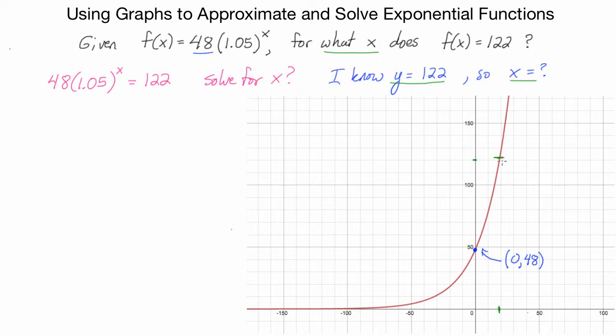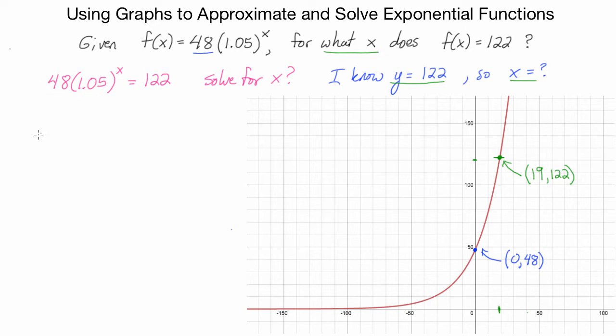So for this point right here, to get a y value of 122, which we just approximated from the graph, I would approximate an x value of about 19. That's a reasonable expectation just by eyeballing it from a hand graph. I think in reality the value is closer to 19.1 or 19.2, but again, we're really close. We know it's about 19.